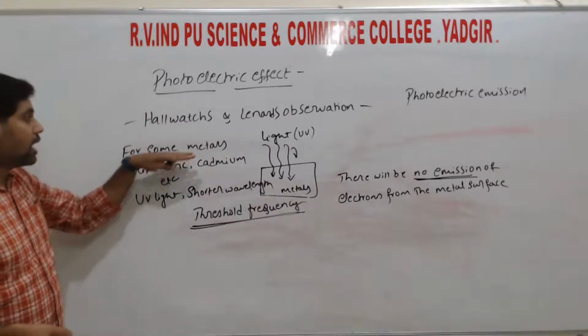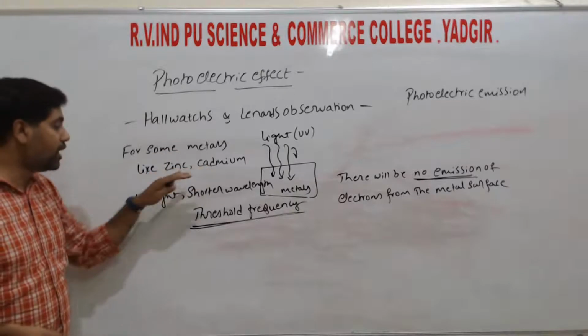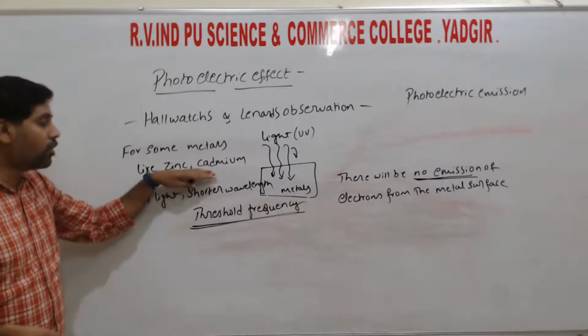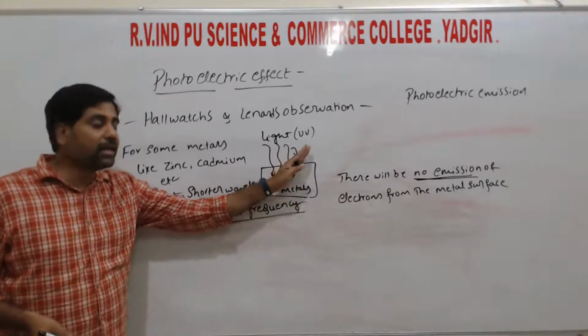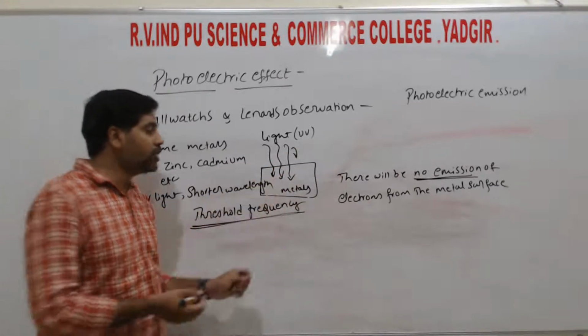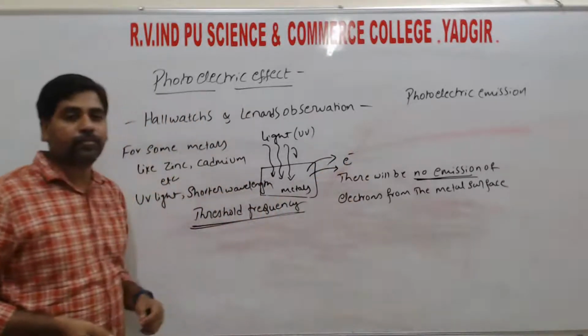So Lenard and Hallwachs observed that for some metals like zinc, cadmium and magnesium, the UV light having the shorter wavelength is responsible for the emission of the electrons, right?